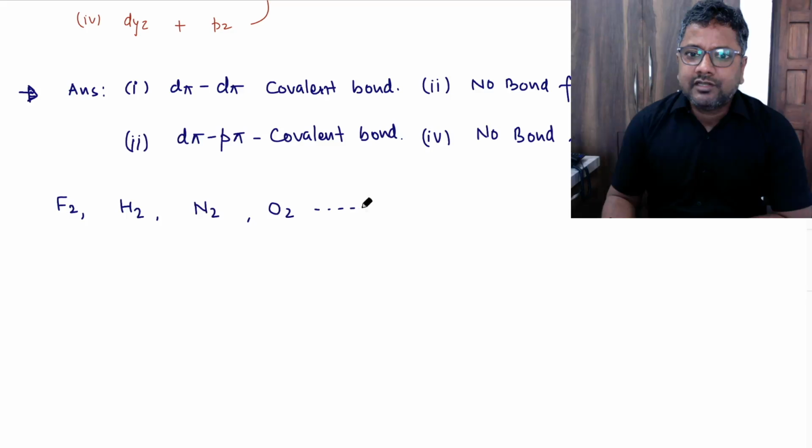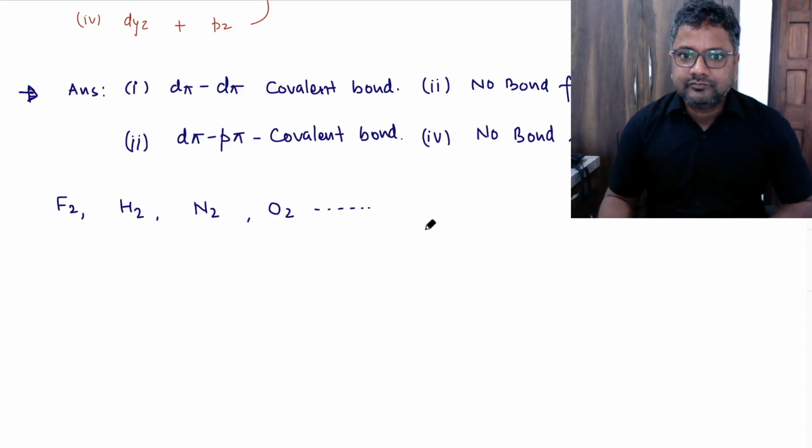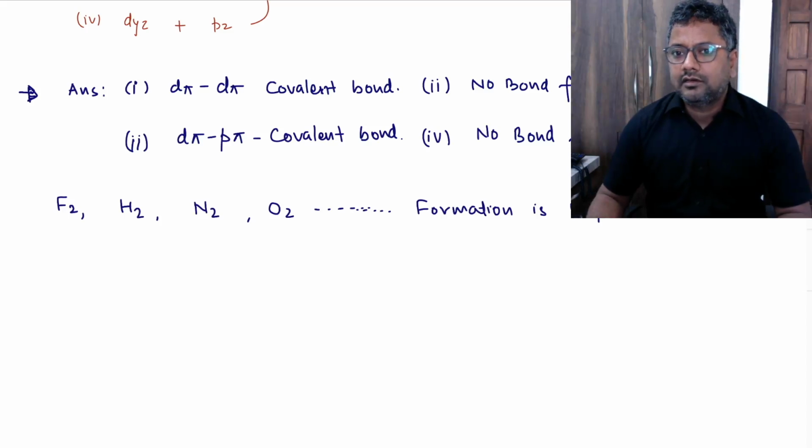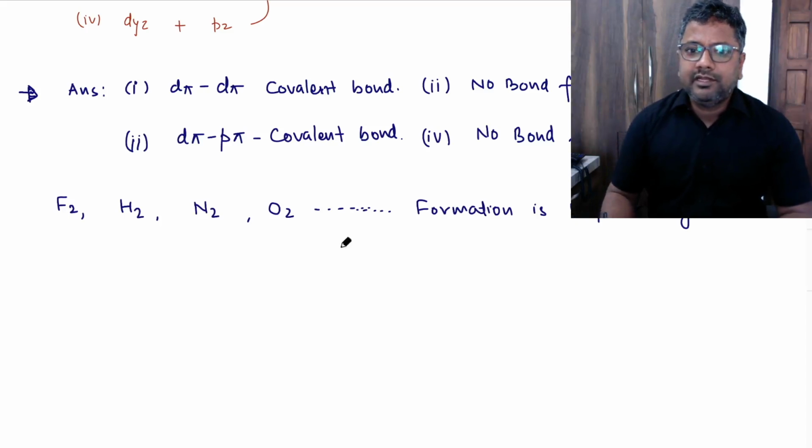The formation of these molecules is explained by the VBT model, the VBT orbital overlap model, the atomic orbital overlap model.